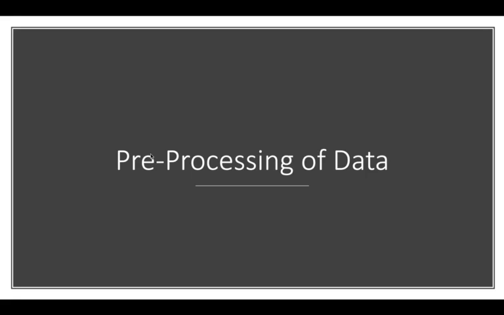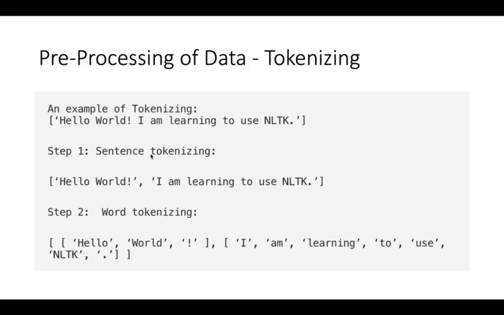So pre-processing of data. An example of tokenizing. We do tokenizing of data first. This is the process of tokenizing, where you take a line and break it up into different words, and from these words we select the features.